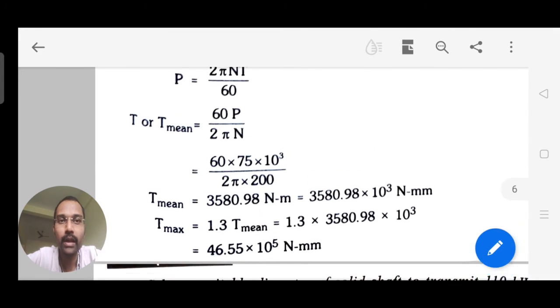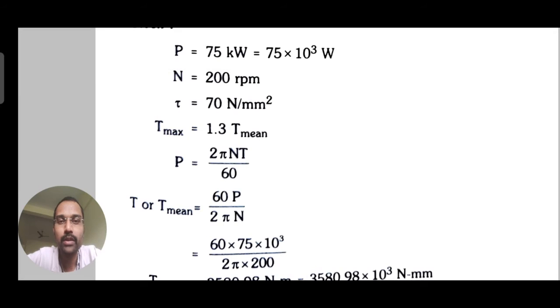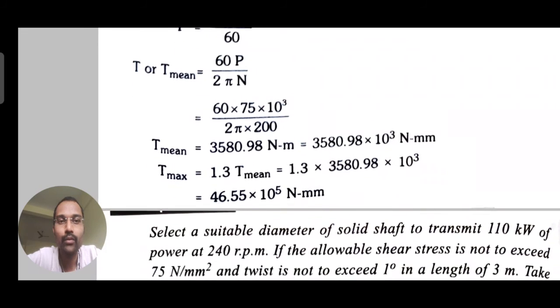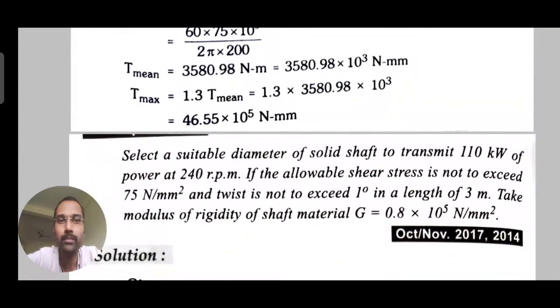From the mean torque we can find the maximum torque: T max equals 1.3 times 3580.98. To get the value in Newton mm, multiply by 10 to the power of 3. Finally we obtain 46.55 into 10 to the power of 5 Newton mm.